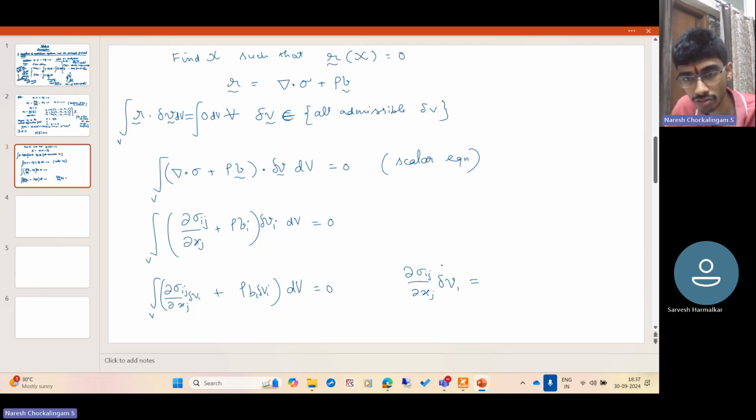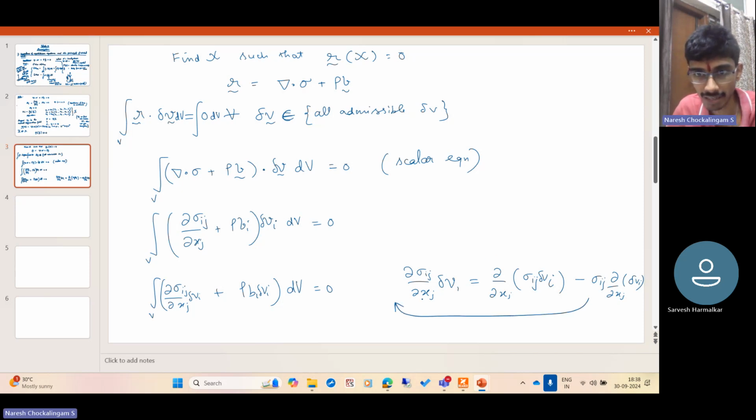This is equal to, using the product rule, you can write it as dou by dou xj of sigma ij del vi minus sigma ij dou by dou xj of del vi. Right, so this is basically the product rule. If you take it to the other side, it's just the product rule.